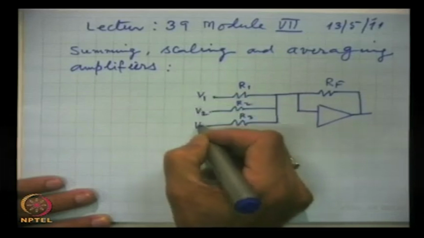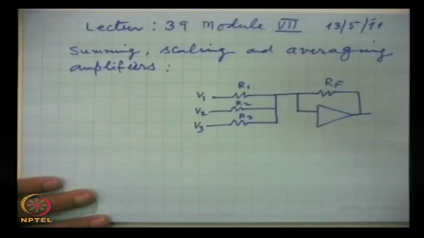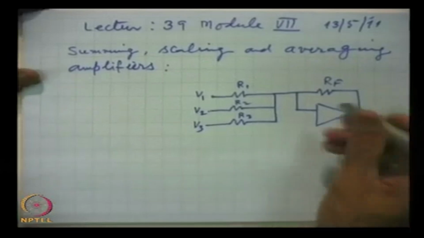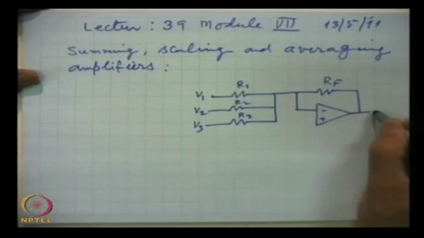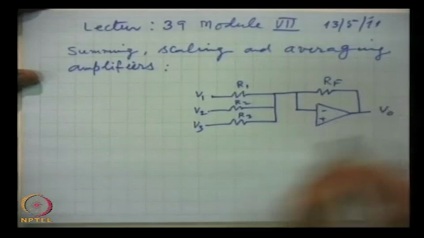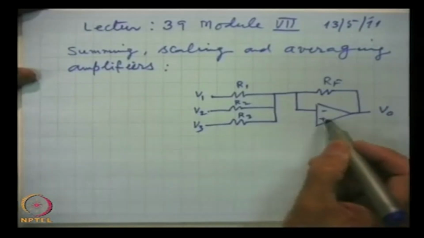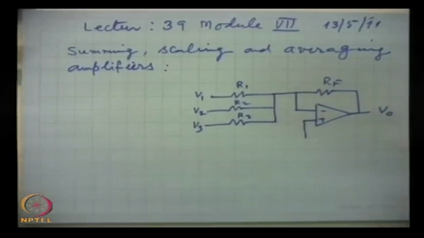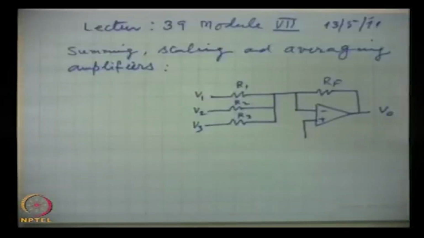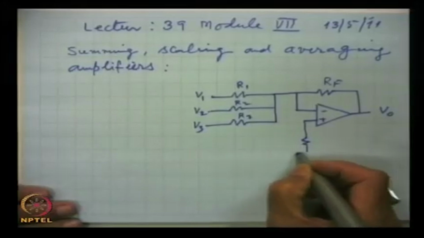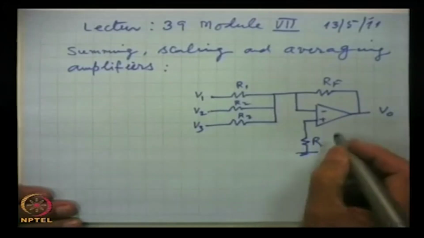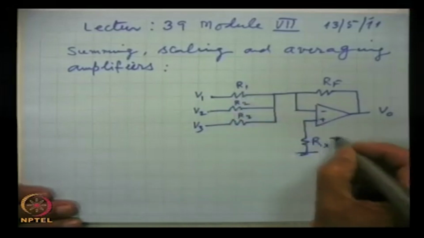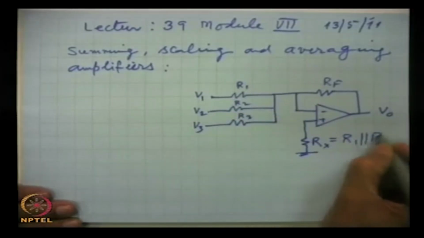V1, V2, V3 are the 3 voltages which are to be summed up, and the output is here. This non-inverting input, so far we have been putting at ground potential by directly grounding it, but a better arrangement is when this resistance Rx, equivalent to the parallel combination of these resistances, is attached.